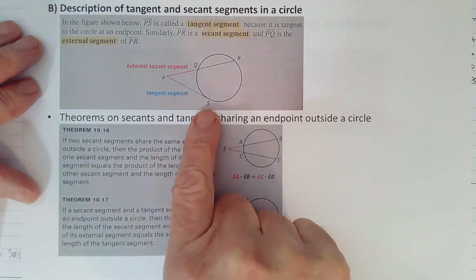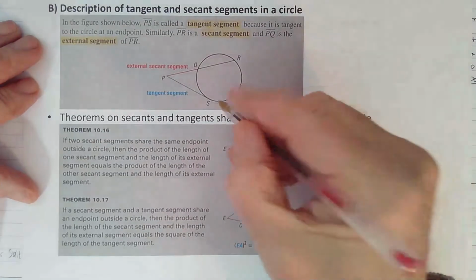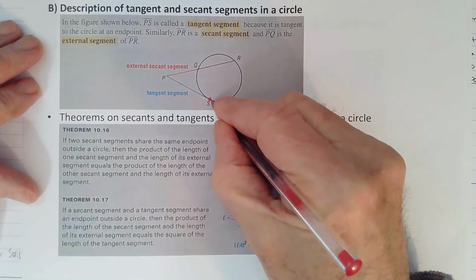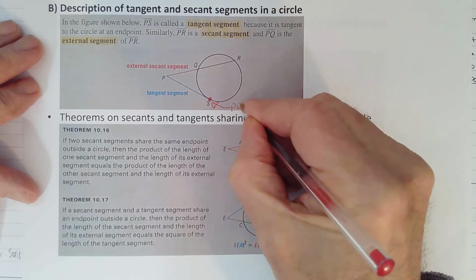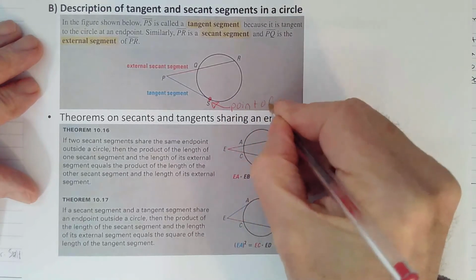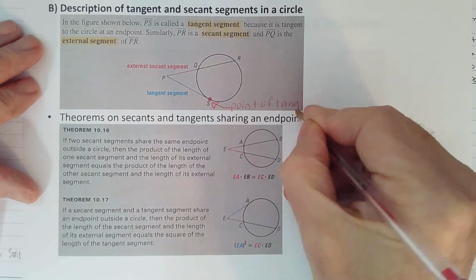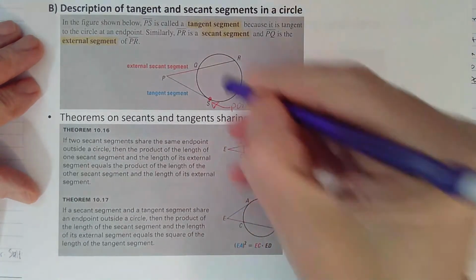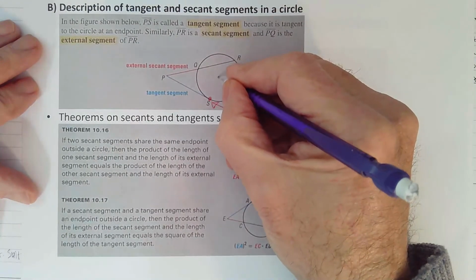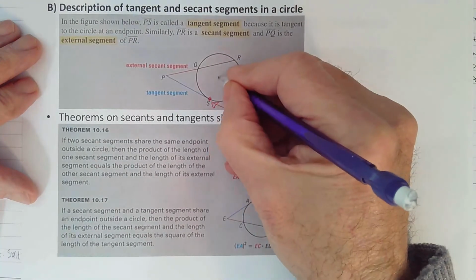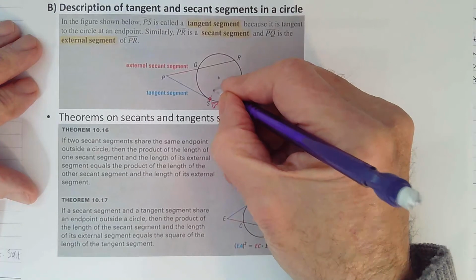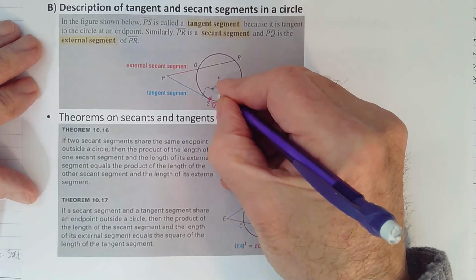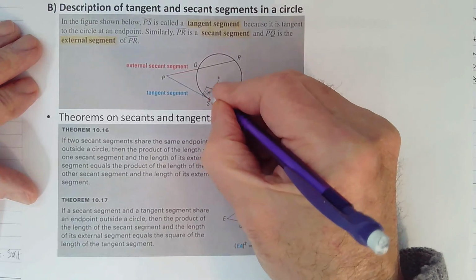There's an endpoint here. This is the point of tangency. Let's just assume this is the center of the circle, and this would be the radius. It forms a 90-degree angle here.